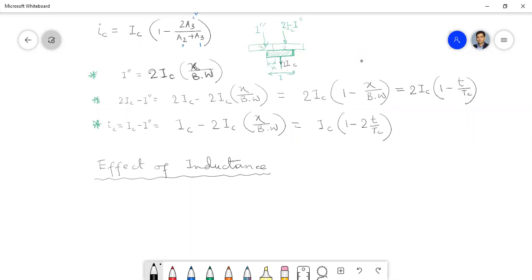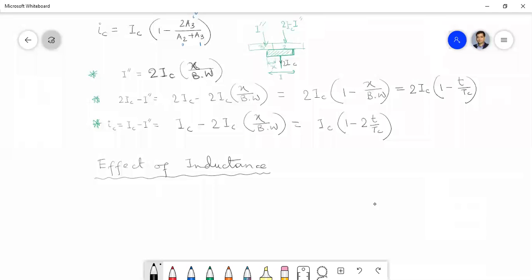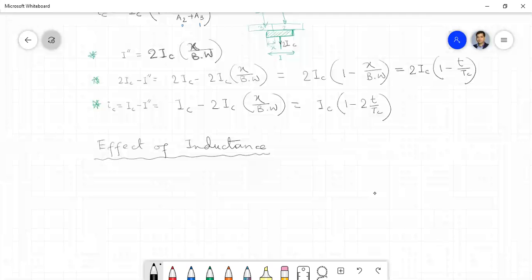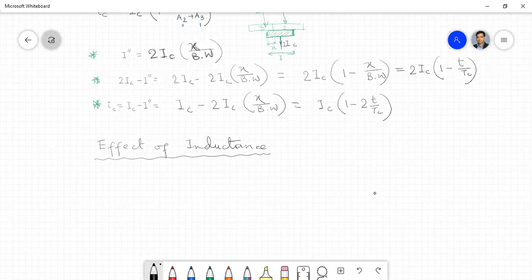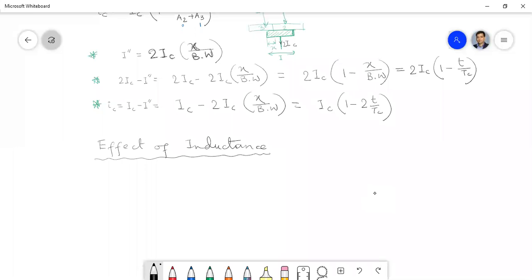Now the inductance which will come in this case will be not only the self inductance, it will be mutual as well, because if there are multiple coils under commutation, then the mutual inductance may also arise.